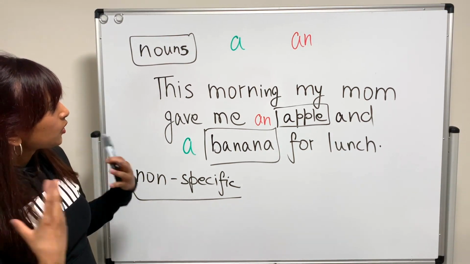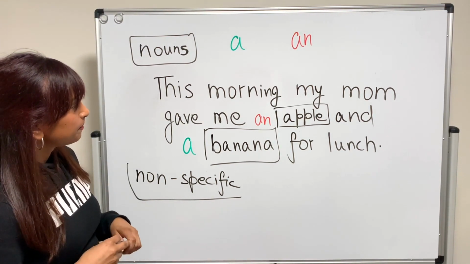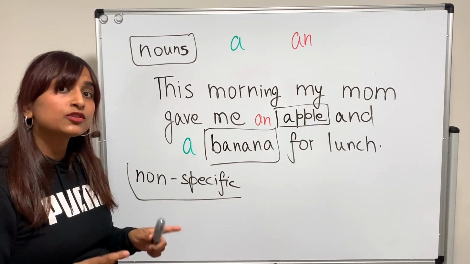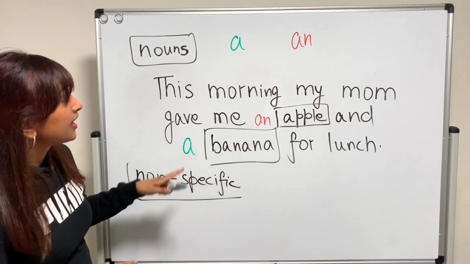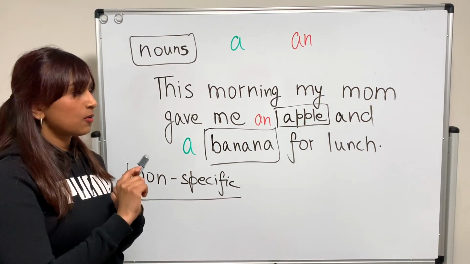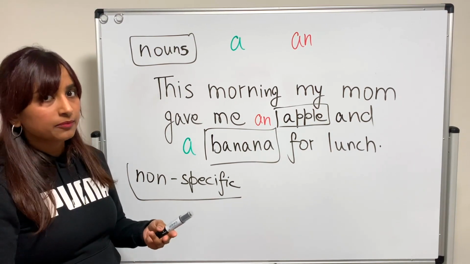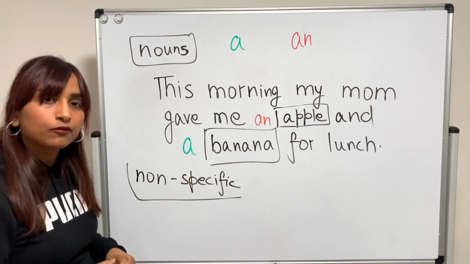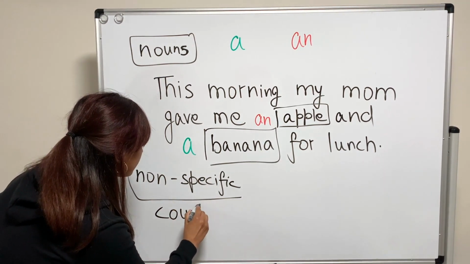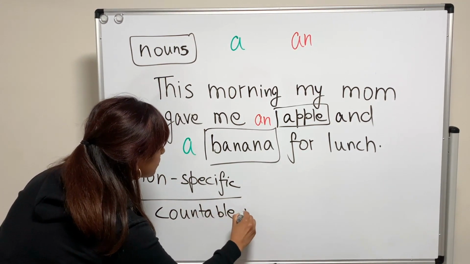Now let's look at the sentence once again. Banana and apple. Are these countable nouns or uncountable nouns? These are countable nouns. For example, you can say 1 apple, 2 apples, 3 apples. Same is the case for banana. So we need it for countable nouns.